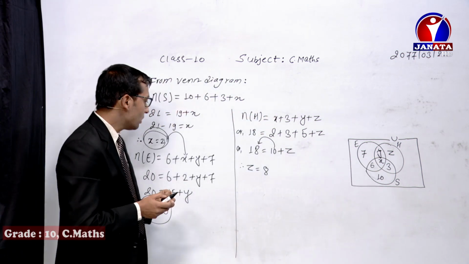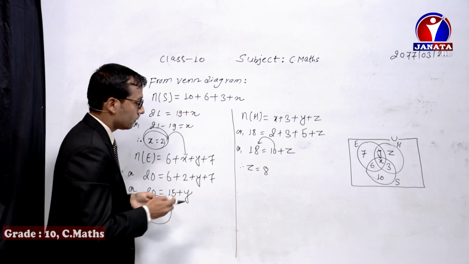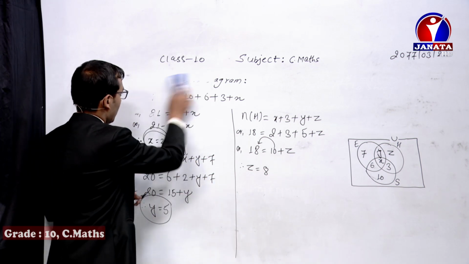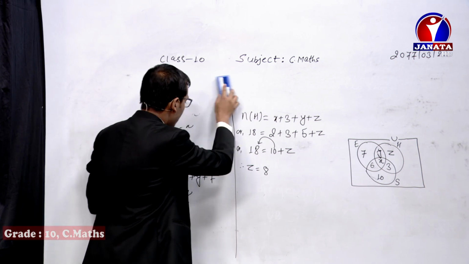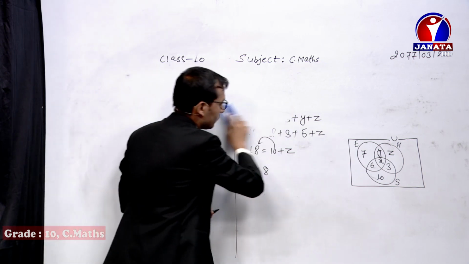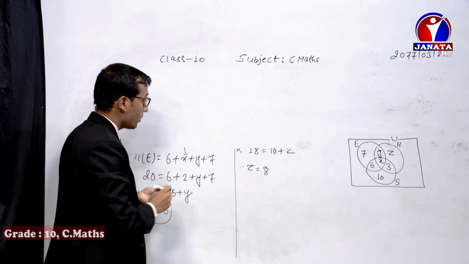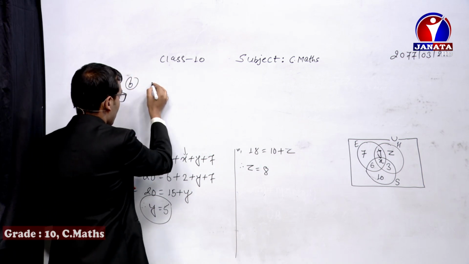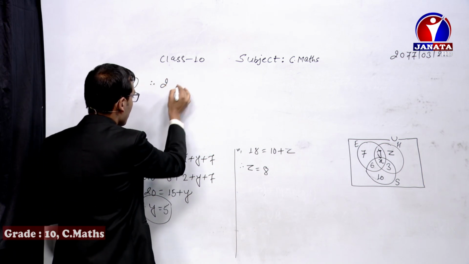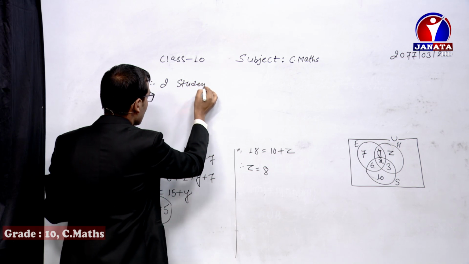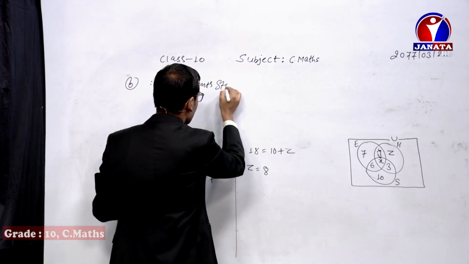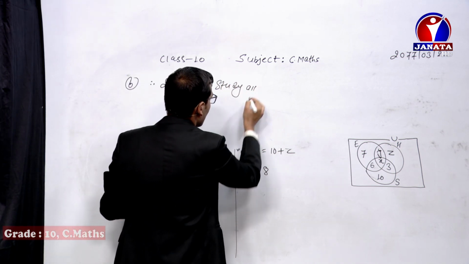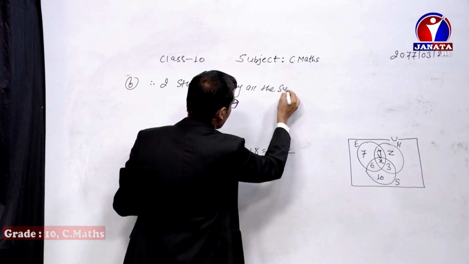What is the value of x? It's 2. So 2 students study all the subjects. This is question B.